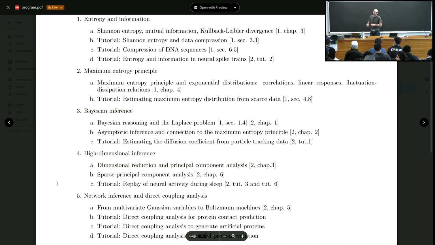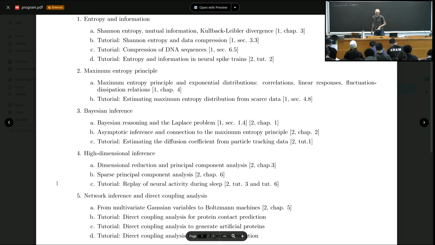And so to explain what I mean, let me give again the example of Gaussian variables. So we will consider what are called graphical models in general.